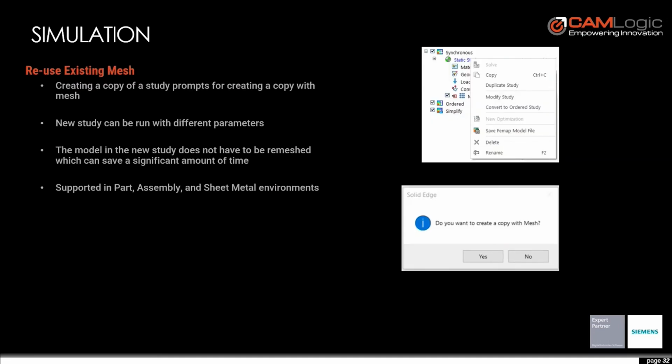Another new feature is reusing existing meshes. This can also be a pretty big time saver if you're doing larger simulations. A lot of the time when you run a simulation, you'll notice in the progress bar that it tells you whether it's loading, meshing, or solving.